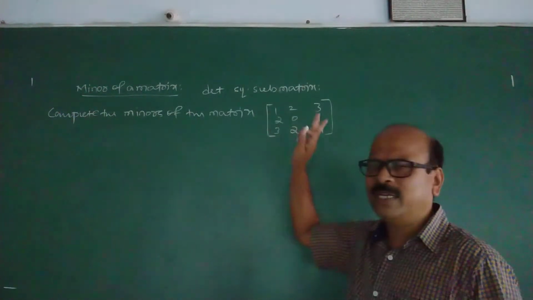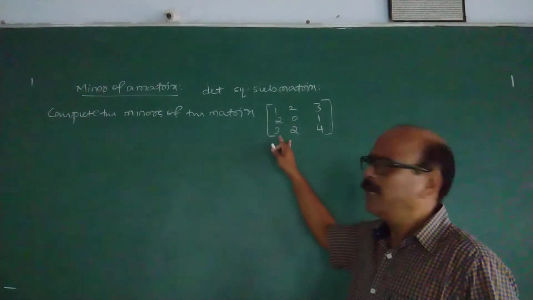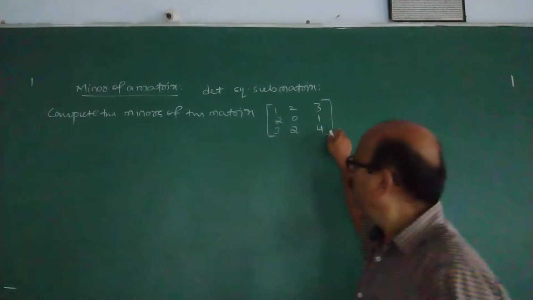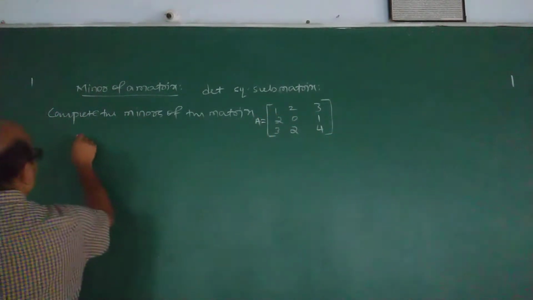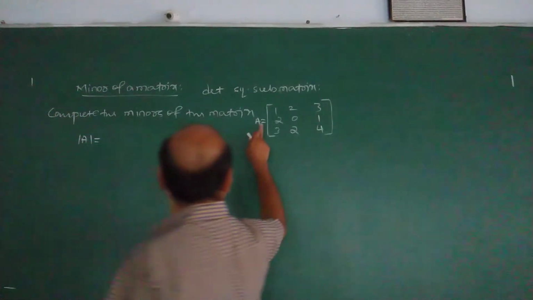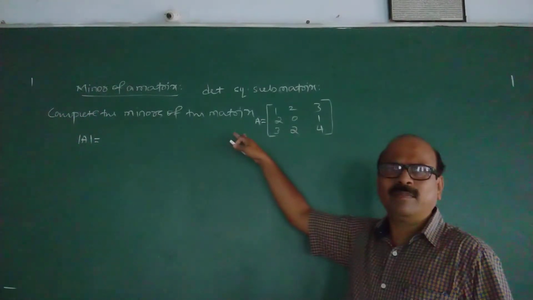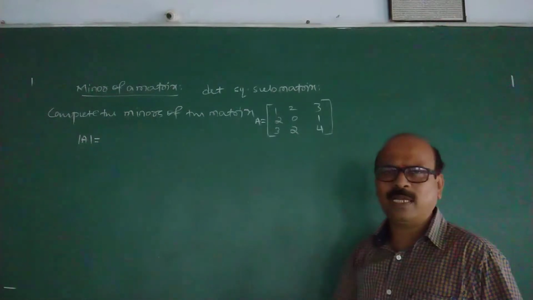Of course, I have taken here a square matrix. It is of order 3 by 3. This square matrix has always a determinant. Therefore, if you take a determinant of this, I denote this by determinant, it is a minor of A. Minor means a given matrix may have many minors.